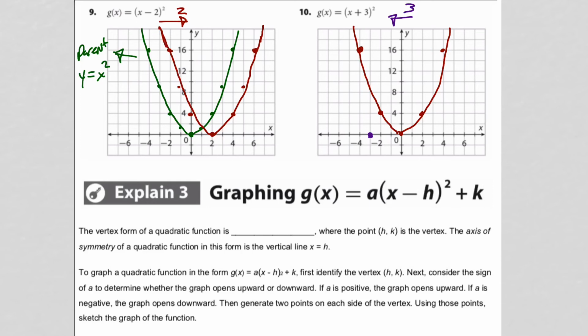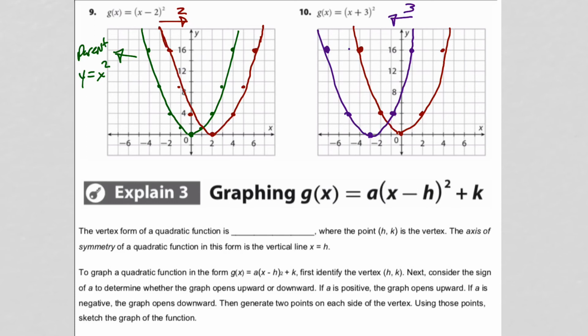We're trying to shift everything 3, and if it's not perfect, that's okay. Don't worry so much about it. 2, 3, 1, 2, 3, 1, 2, 3. There we go. 3 to the right. And there you go.